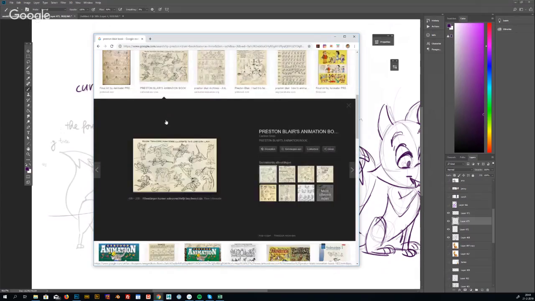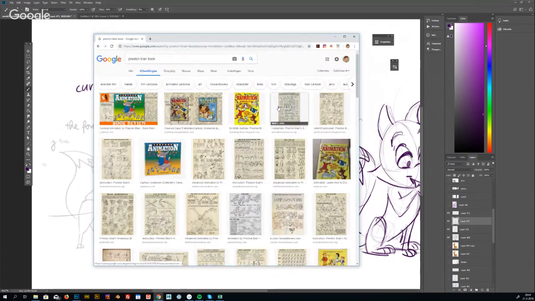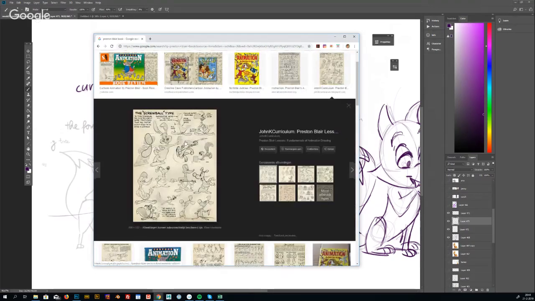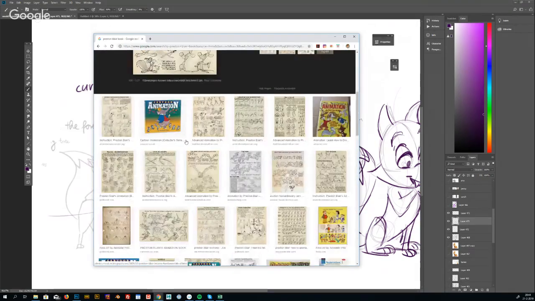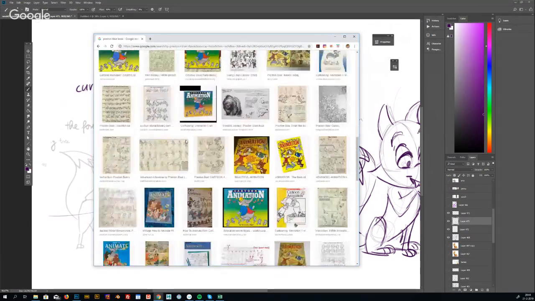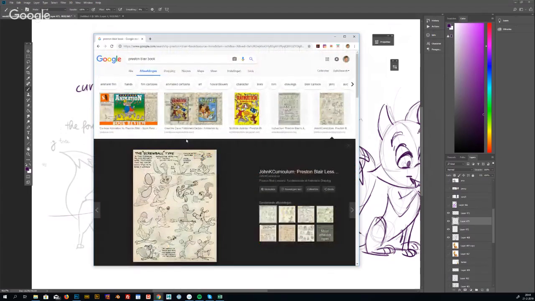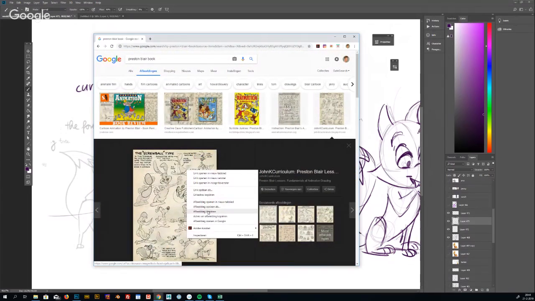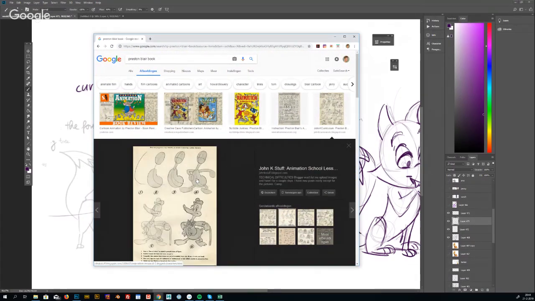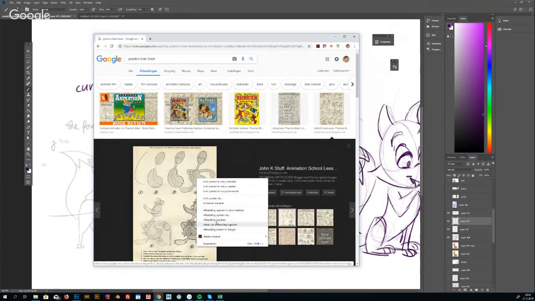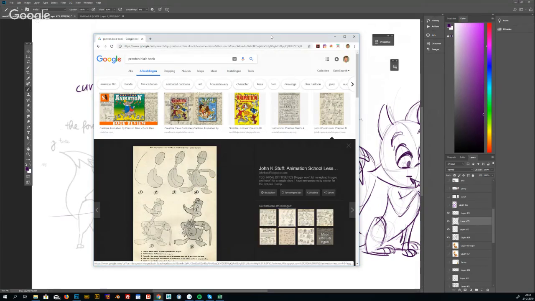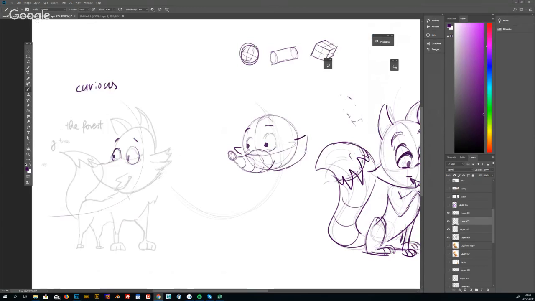This is also how I learned to draw. Is there a good one to start with? Let's take this one. Actually, better, let's take this one. From this book, I learned to draw.